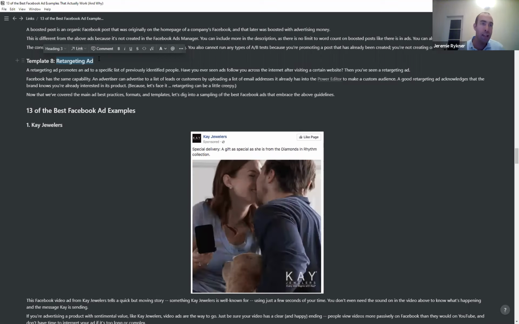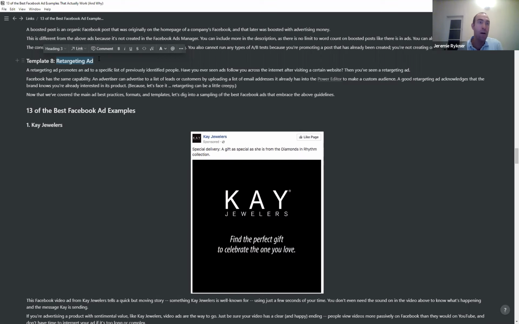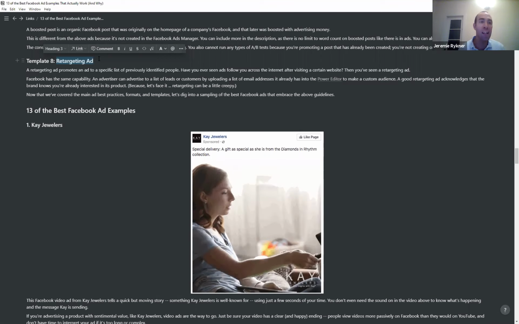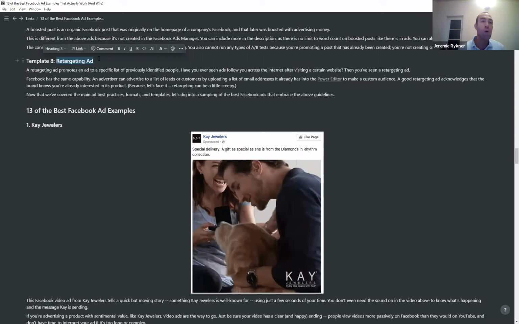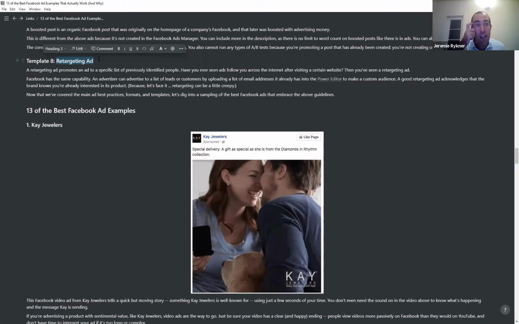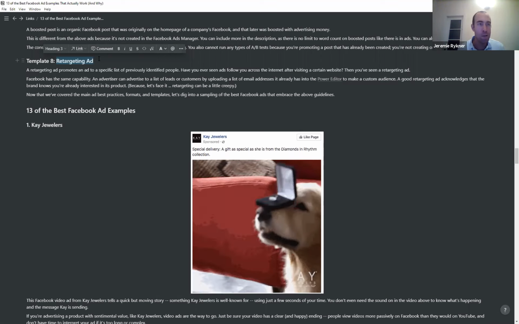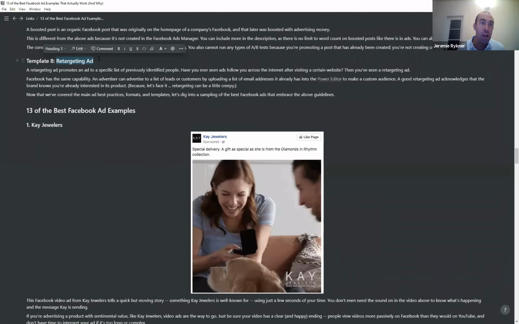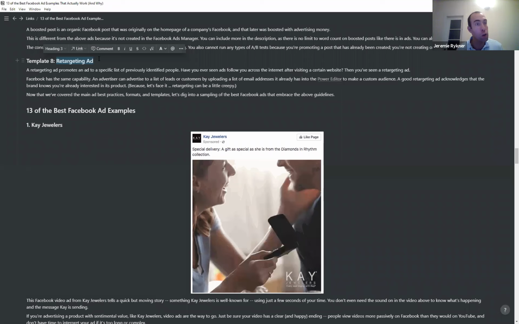So those companies, those brands, and also you as a marketer or advertiser, you will have the option to retarget or remarket to people who have already shown an initial interest in your brand or your product. Once they have had any kind of engagement with your content, and you can choose which one it is.